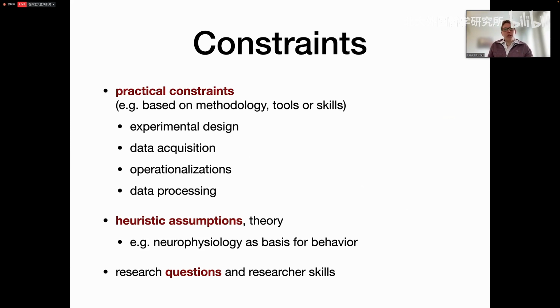Now, if you look at this, then it seems, okay, based on the methodologies, design, tools, and available measurements, you get quite some constraints on your variable selection. In addition to that, you can make heuristic assumptions such as that neurophysiology is the basis for behavior, and you can focus in on specific questions, and depending on the specific skills that a researcher has and the specific tools they are using, you'll again constrain your variable selection and also the potential relations between variables.